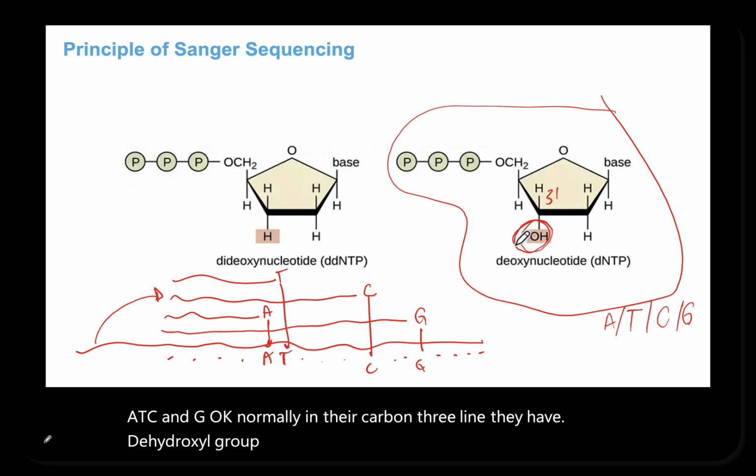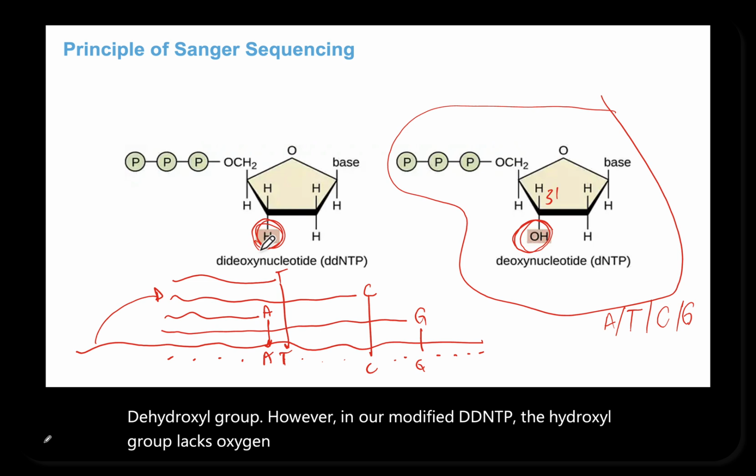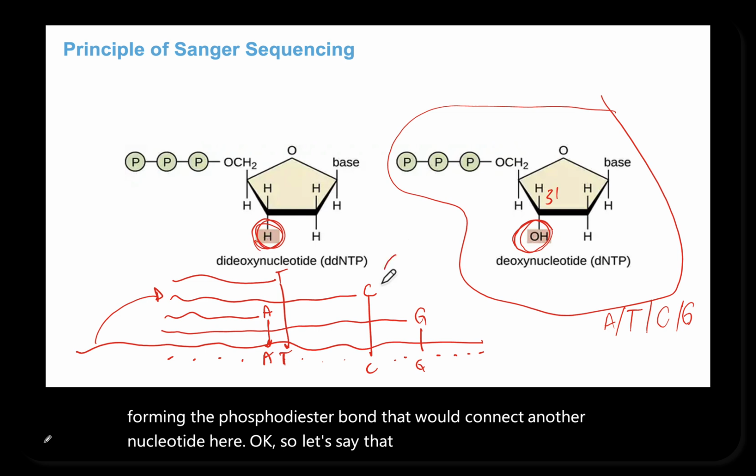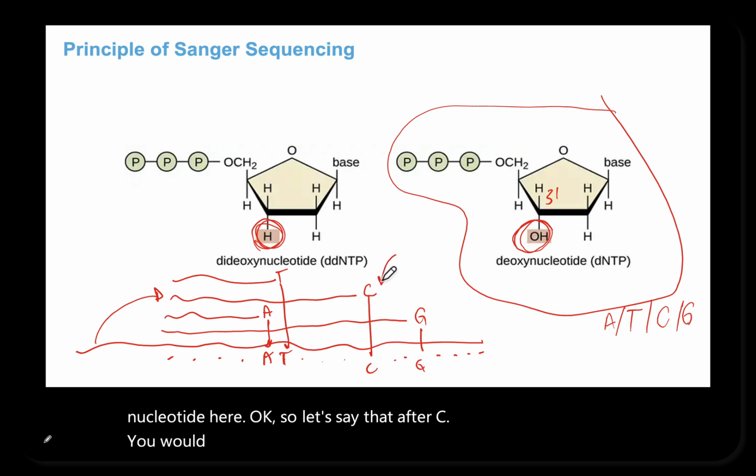However, in our modified ddNTP, the hydroxyl group lacks the oxygen, which prevents forming the phosphodiester bond that would connect another nucleotide here. So let's say that after C, you would connect another nucleotide.